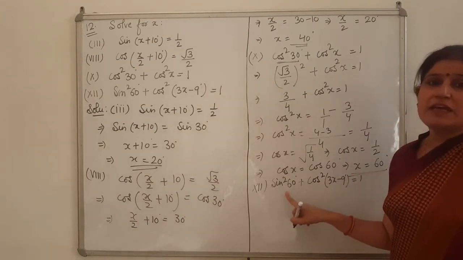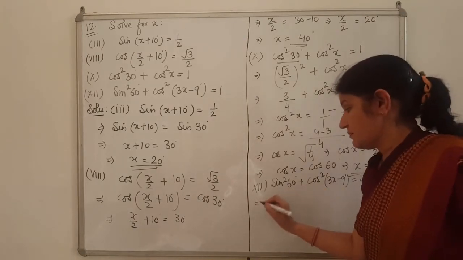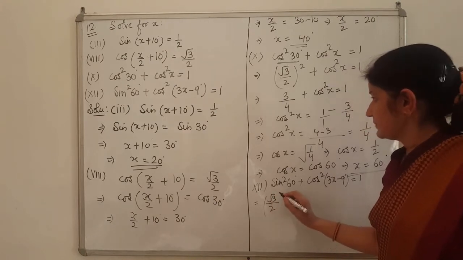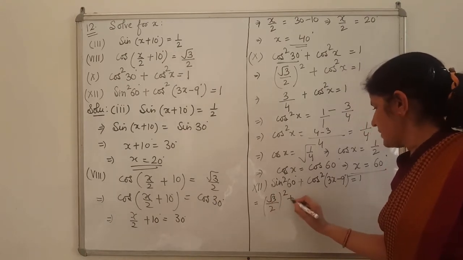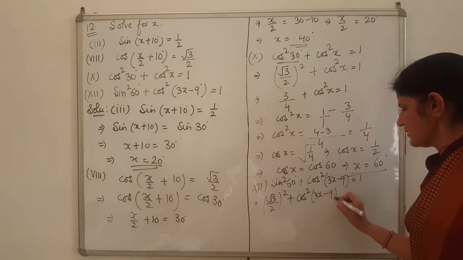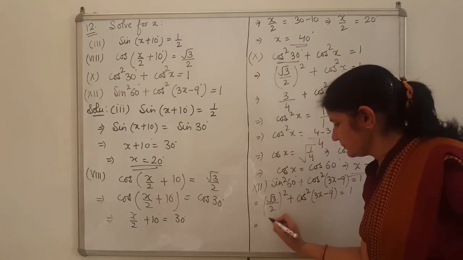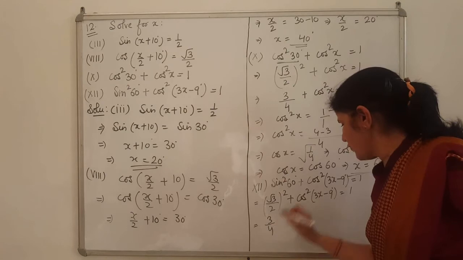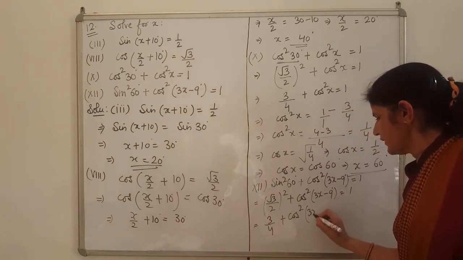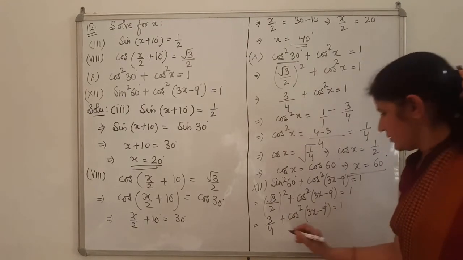First of all, we have to substitute sin 60. What is the value of sin 60? Root 3 over 2 plus cos square (3x minus 9) is equal to 1. Here we open the square, 3 upon 4 plus cos square (3x minus 9) equals 1.